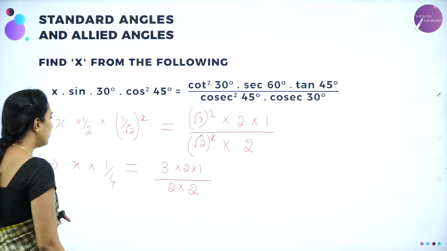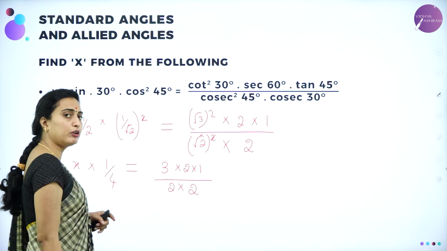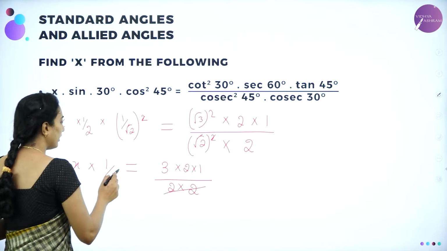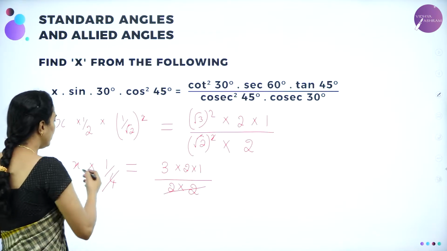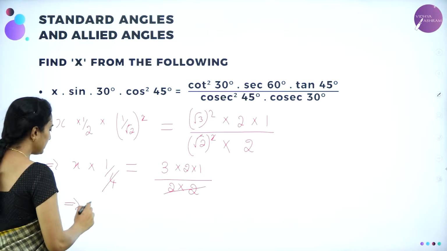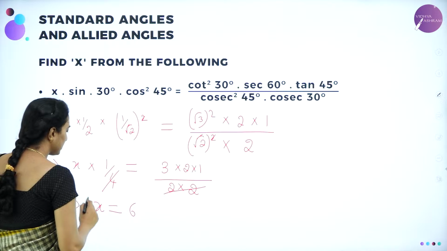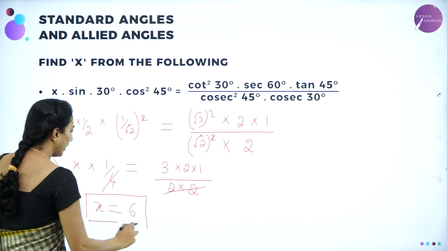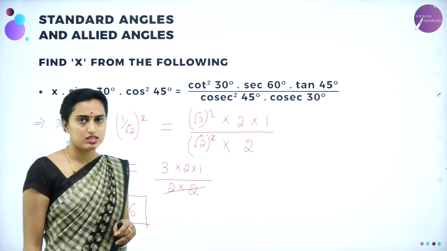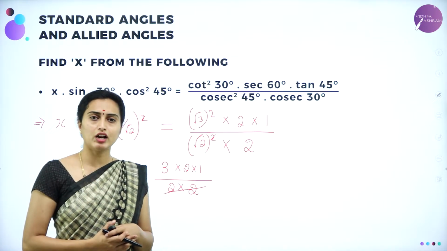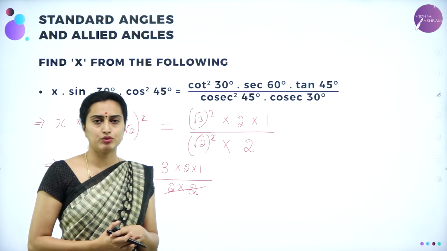Now dears, 2 into 2 is nothing but 4. See, this 4 and this 4 will get cancelled. Which implies x will be equal to 3 into 2 into 1, which is nothing but 6. That's it dears. So x value is equal to 6, by substituting the trigonometric function values.